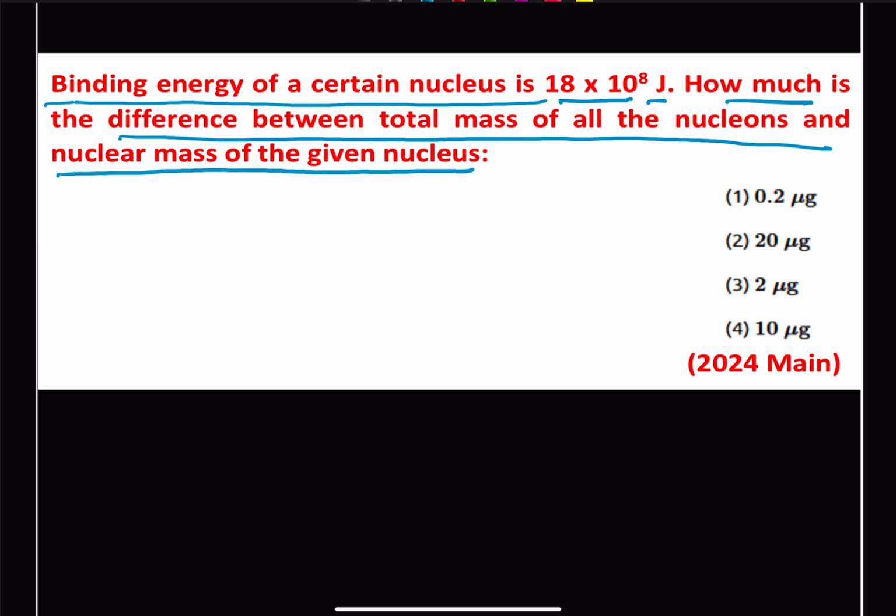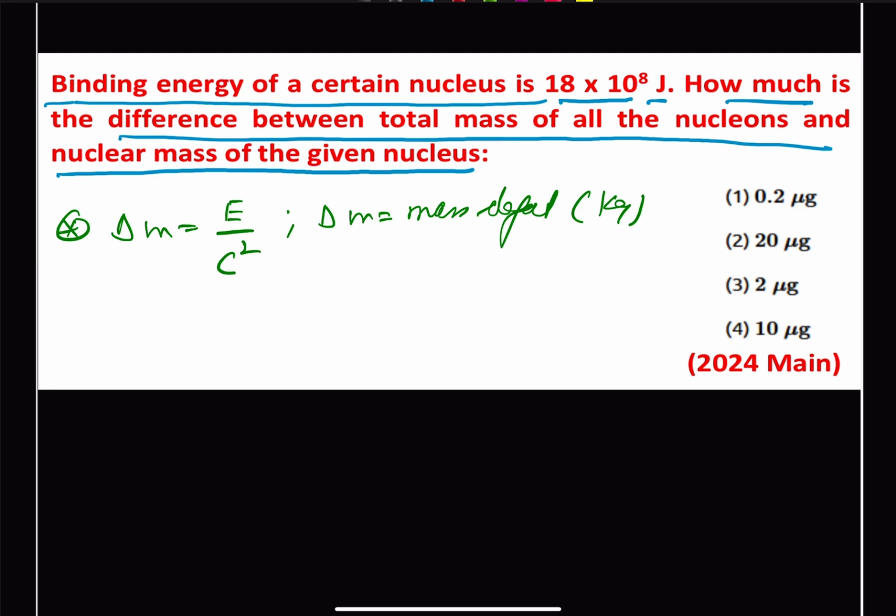So we have to find out the difference, and we are given the binding energy, and we know our standard formula, that is mass defect delta M is equal to E upon C square, where this delta M is our mass defect, and we have to remember its unit is kg, and E is our binding energy, which is given to us as 18 into 10 to the power 8 joules, and C is the speed of light, which we know is 3 into 10 to the power 8 meter per second.